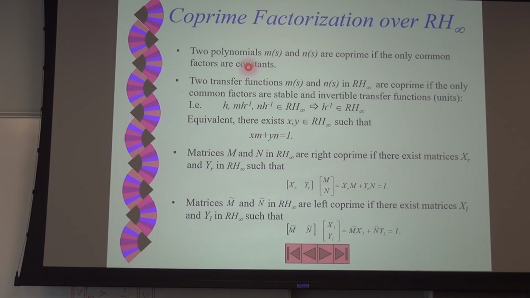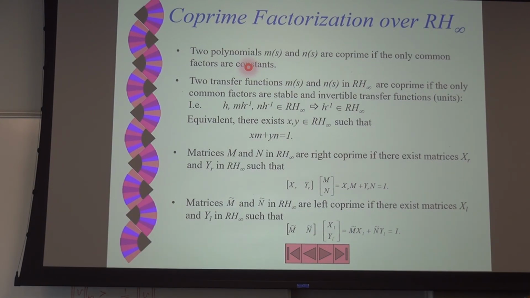The subscript R means right. So you have something very similar to this, the Bezout identity in the MIMO, matrix case.